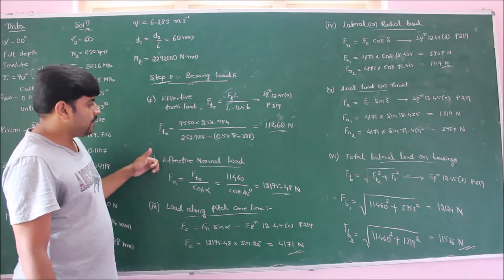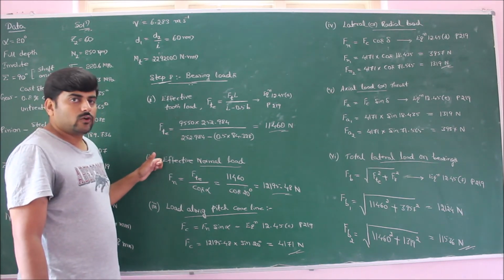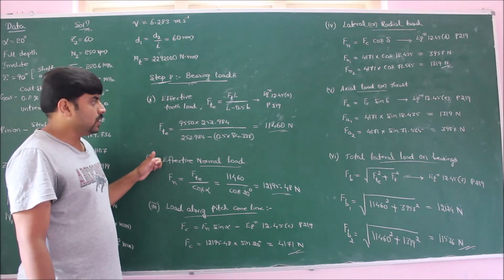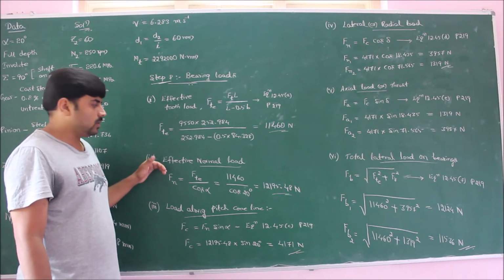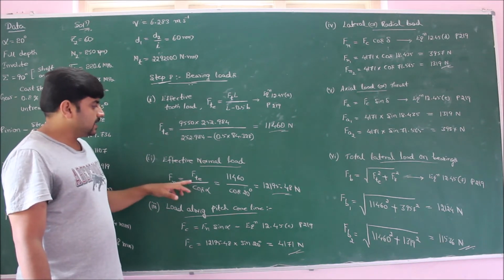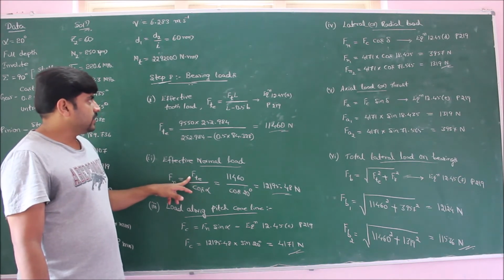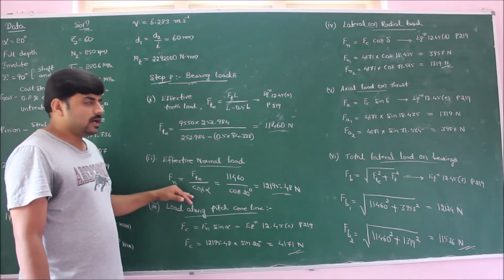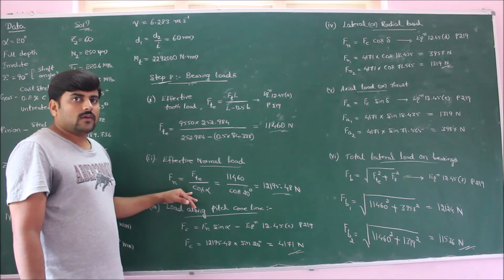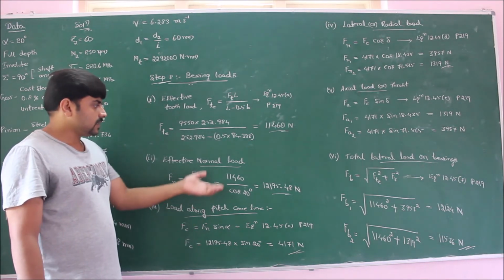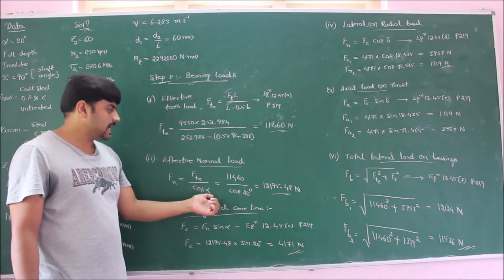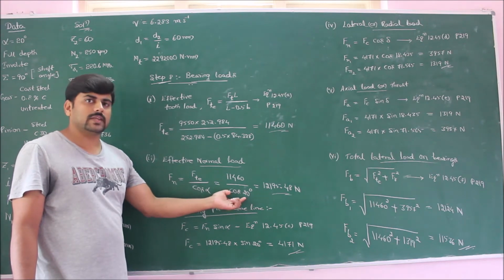Next, moving on to equation 12.45b of page number 219, that is effective normal load. Effective normal load is given by the effective tooth load divided by cosine of the pressure angle. Substituting the corresponding values, the pressure angle is known to us, which is 20 degree full depth involute.